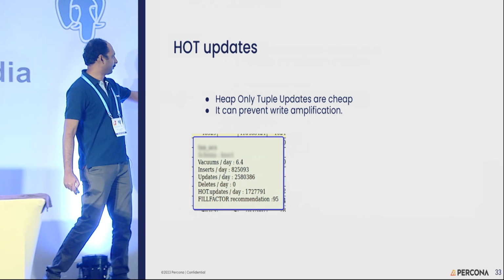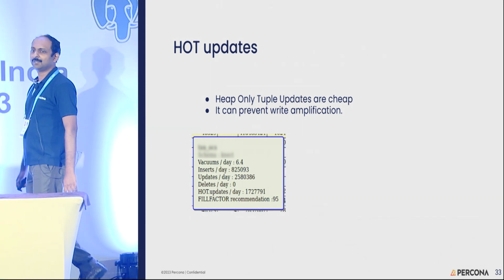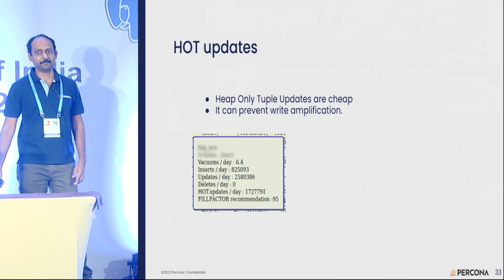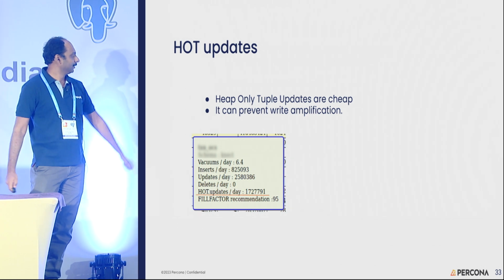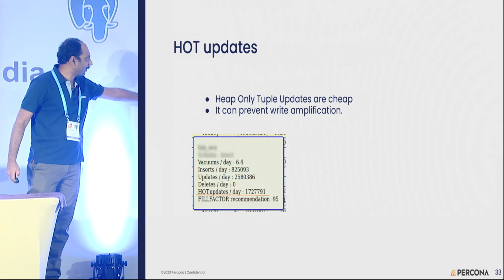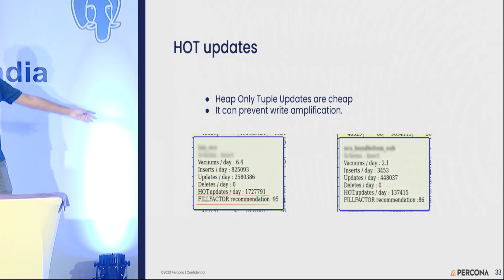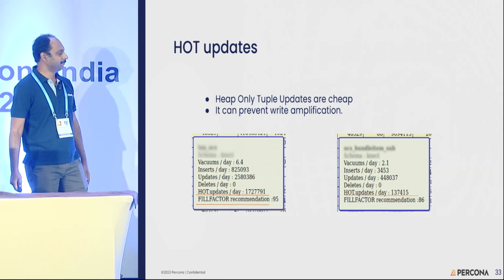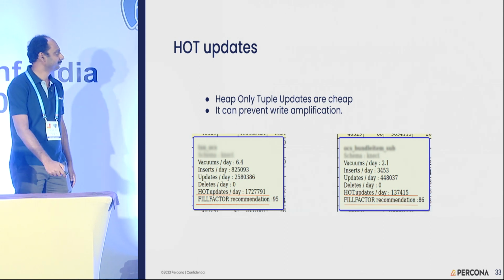Based on the number of inserts and updates, we can more or less calculate it, because the view gives us the current HOT updates happening. We can do some calculations based on the current HOT updates and the total number of updates. And this will save a lot of I/O and improve performance. It is one of the biggest improvements in Postgres over the last few years.